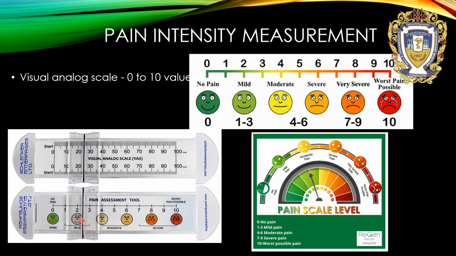The patient herself puts this line according to different smiles, but on the opposite side, the doctor has the possibility to measure it in absolute numbers from 0 to 100.